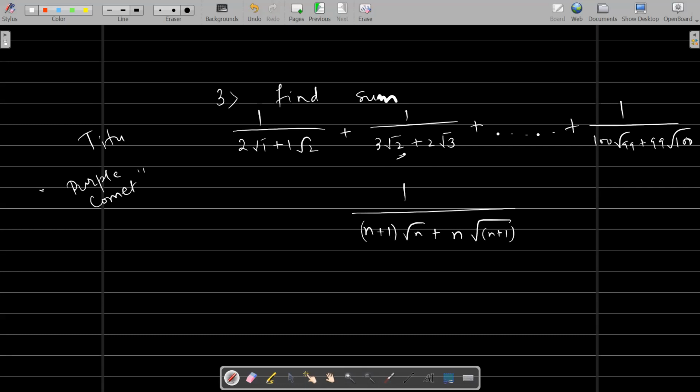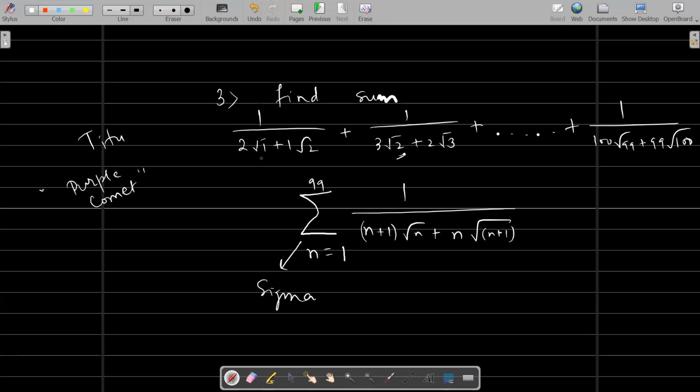And this sign stands for addition or summation. It's the Greek letter sigma. So sigma notation stands for addition, and n goes from 1 to 99.